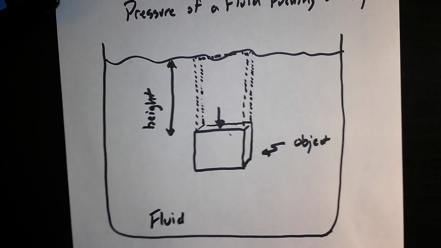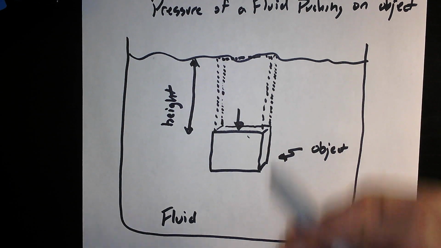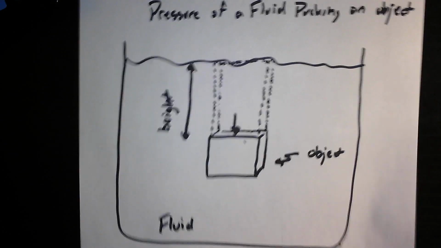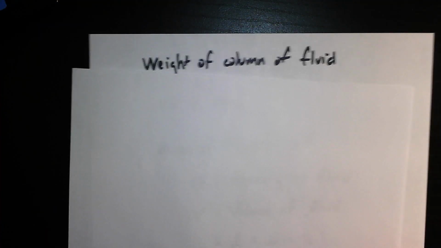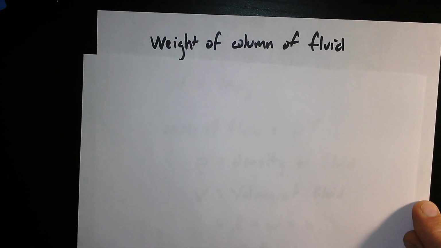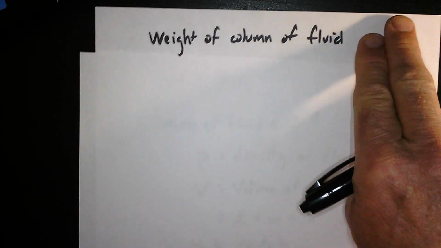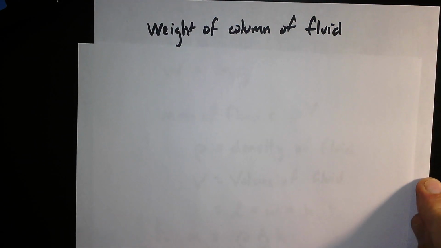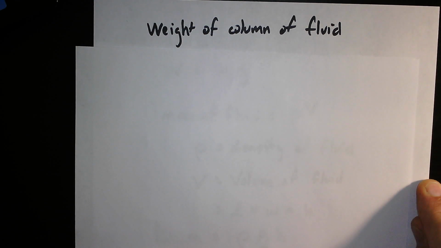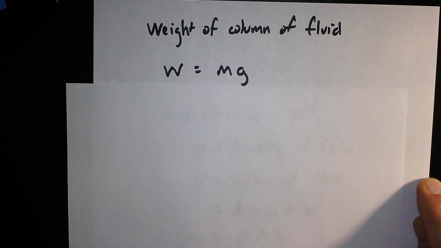All right, so now let's see if we can calculate that weight that's pushing on the object. Okay, let's do that. So weight of a column of, I keep calling it a column, it's a rectangle, but it's just how I've always done this, I call it a column. The weight of the fluid being pushed on the object. Now, how do we calculate weight?